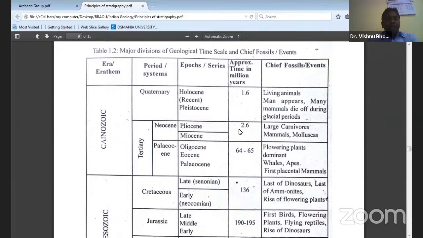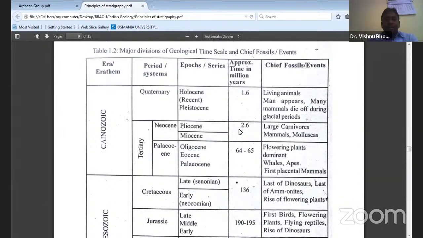And the final period is the Quaternary. The Quaternary again is divided into two epochs. One is the Pleistocene. Second one is the Holocene. Holocene is considered a recent age, and the age is about 1.6 million years.